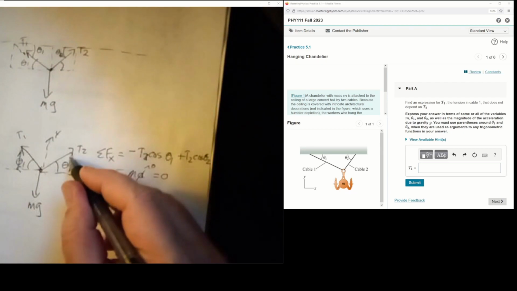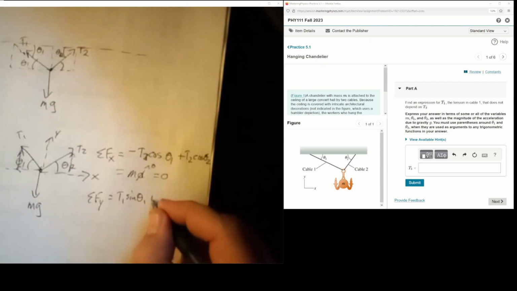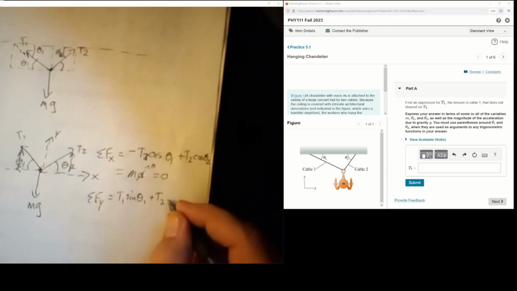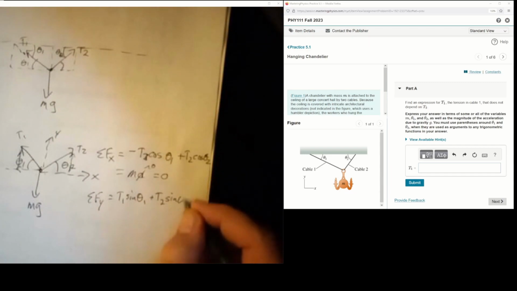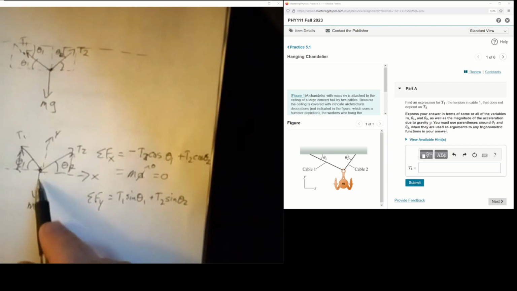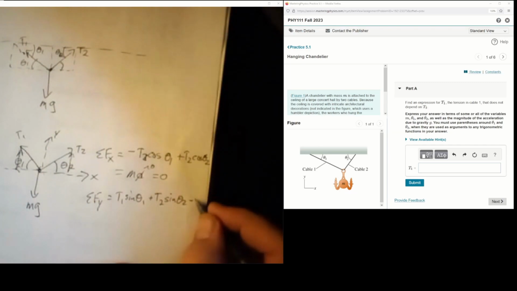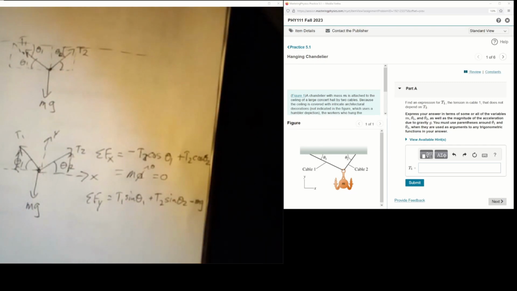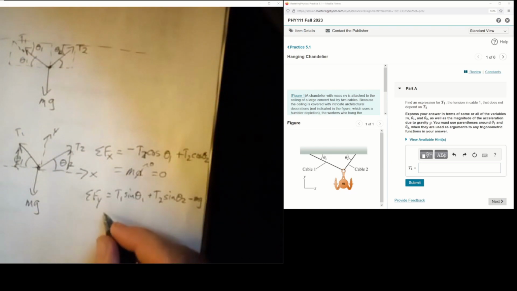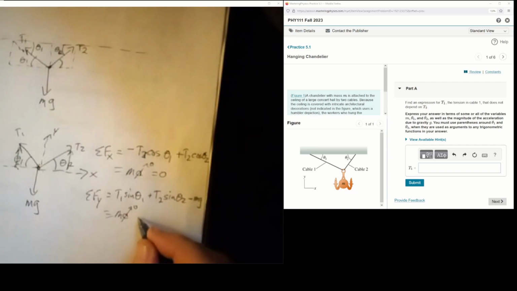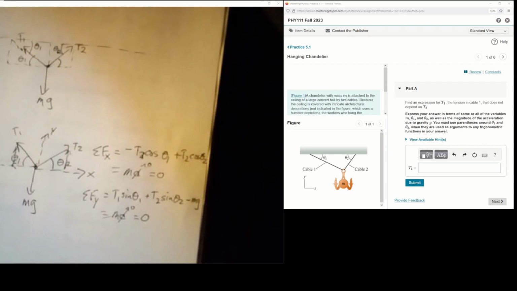This component going up in the positive direction, T2 sine theta 2. And then minus our weight. Newton's second law says that equals ma, but the chandelier is not moving, so acceleration is 0. The whole equation then equals 0.